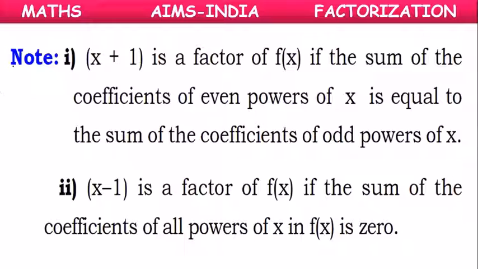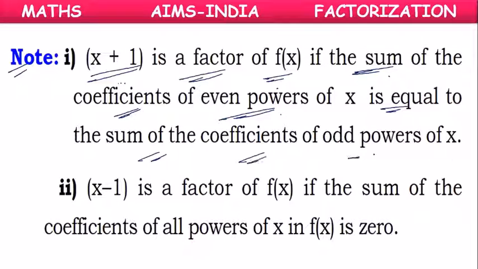Next one. Again, some more shortcuts are there, children. Suppose x plus 1 will be a factor of f of x if the sum of coefficients of even powers of x is equal to the sum of coefficients of odd powers of x.